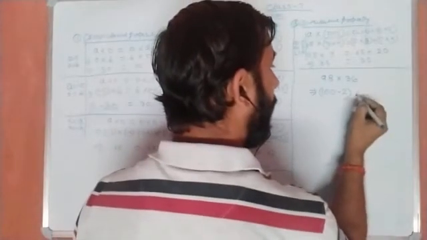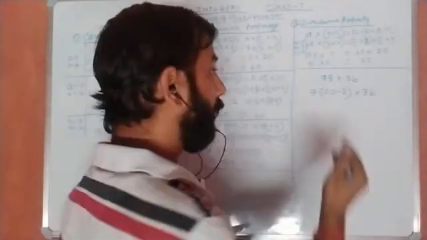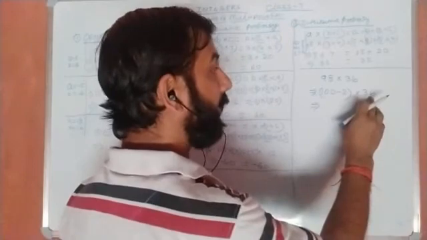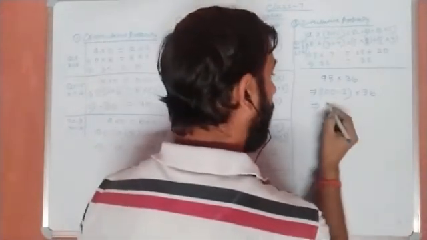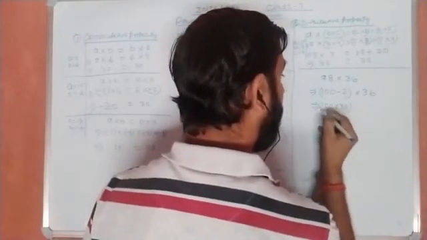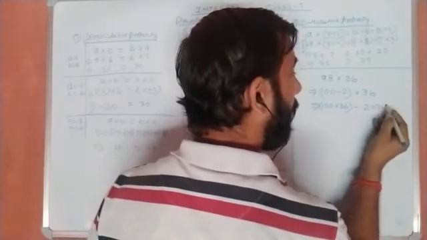Now with 36, first we will multiply 100 into 36, minus 2 into 36.